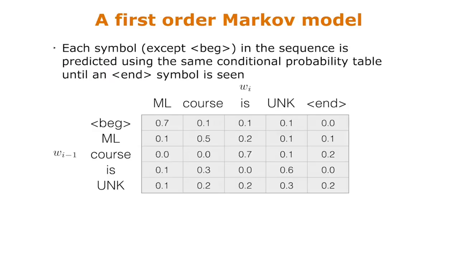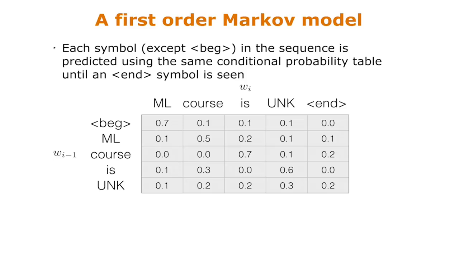So let's take a very concrete example of a first-order Markov model. Here we only have 4 possible words: ML, course, is, and UNC, in addition to the 2 symbols beginning and end. The probability model that the first-order Markov model defines is based on that conditional probability of what comes next based on what the preceding word is.